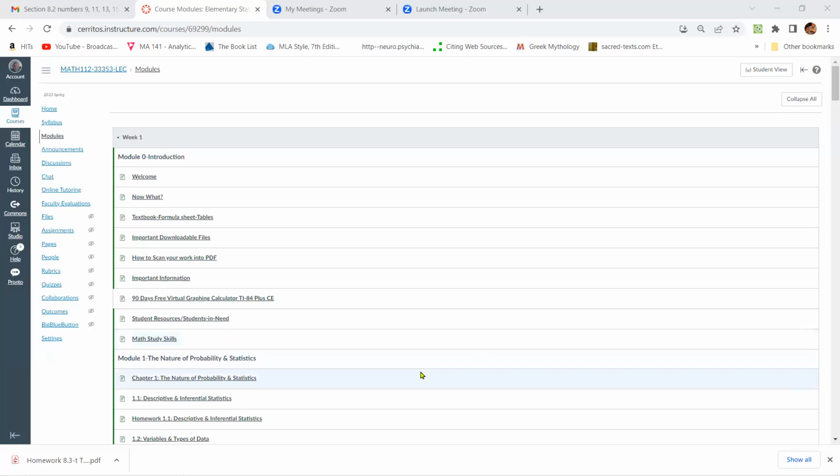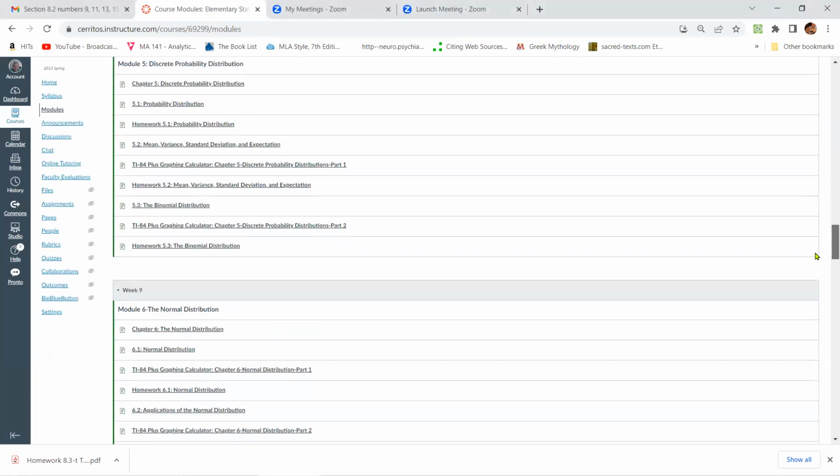Let me show you where your instructions are, the instructions for finding p-values. Let me go back to modules. Okay, so here's your modules, right?